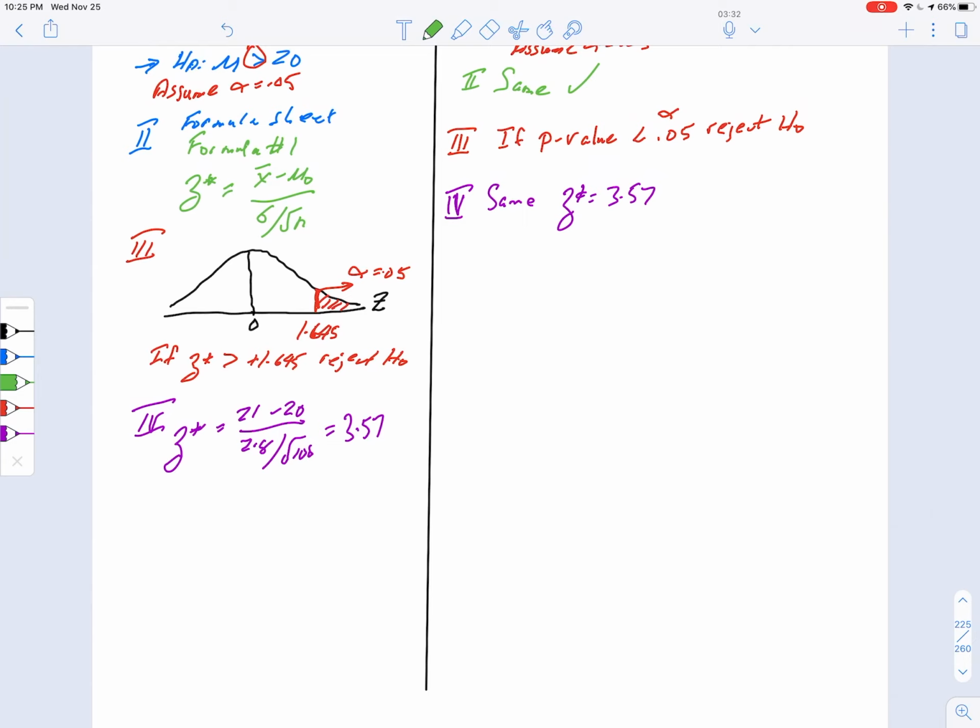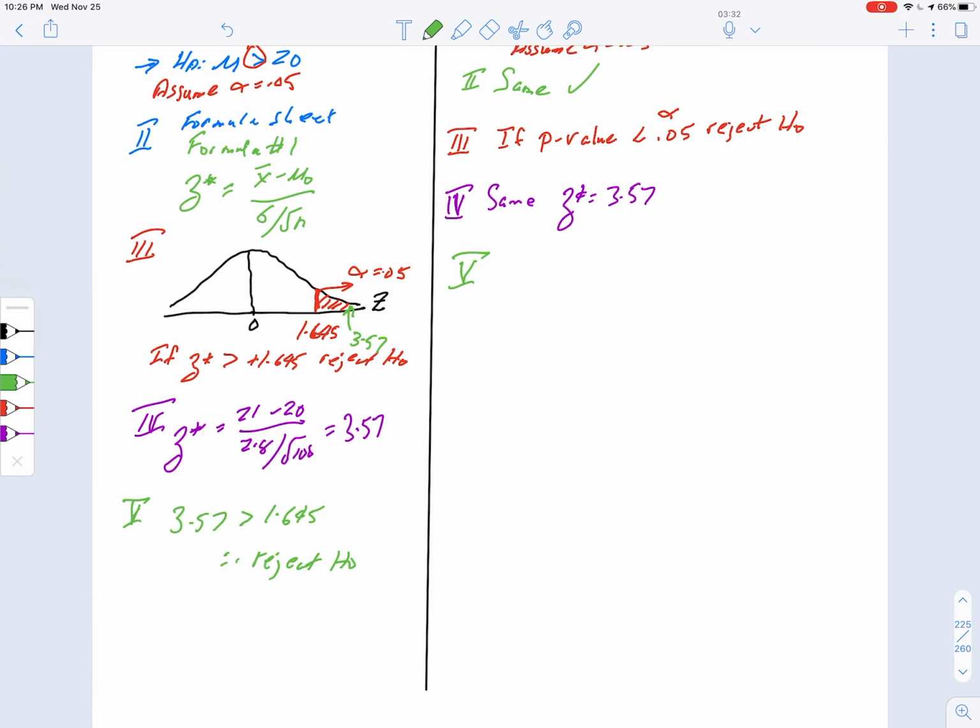So what we've got here then is, in the classical approach, this is really easy to do. We say, here's 3.57. That is in the critical region. So we say 3.57 is greater than 1.645, which is the critical value.